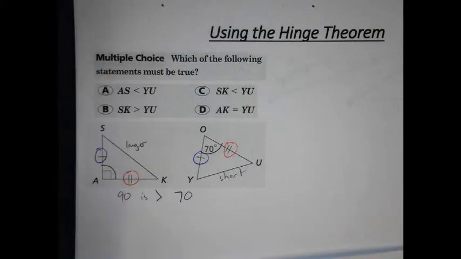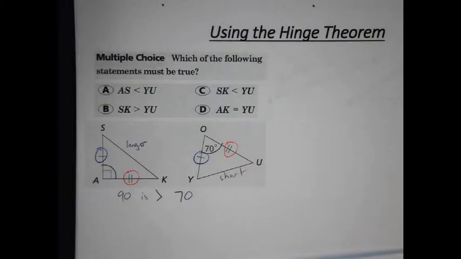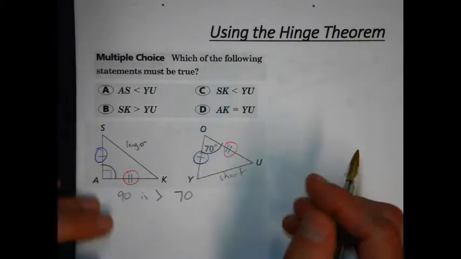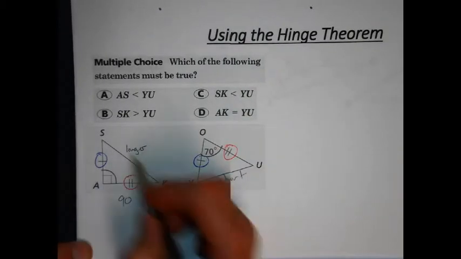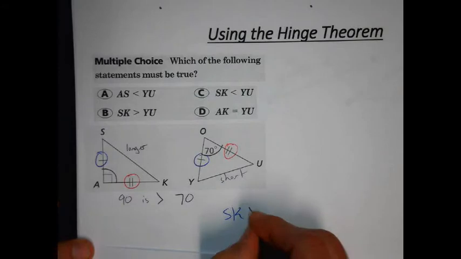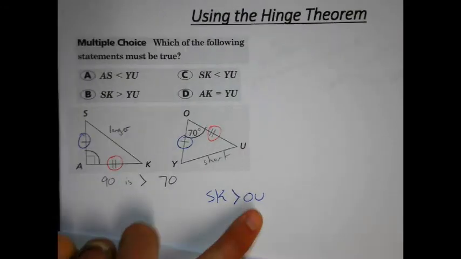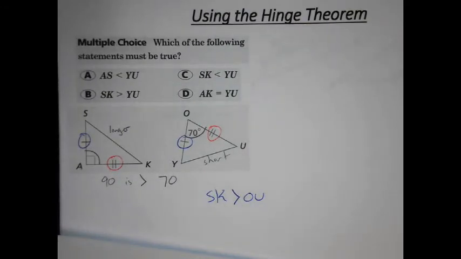Now we have to take that understanding and make it look mathy. We're going to do a lot of translating English into math today, and this is the first way in. This side is SK, and SK is going to be greater than this side here, YU. I said OU at first, but it's YU.